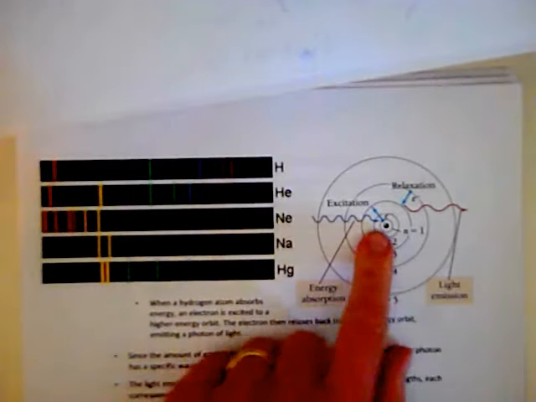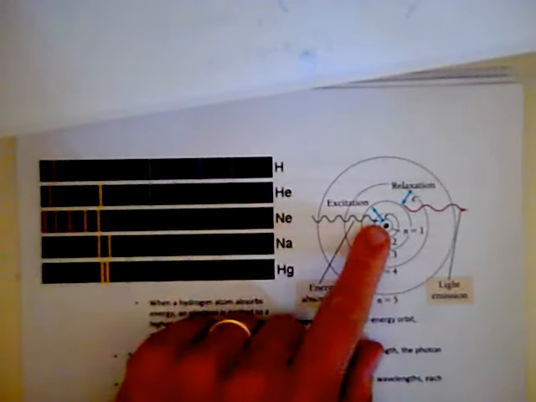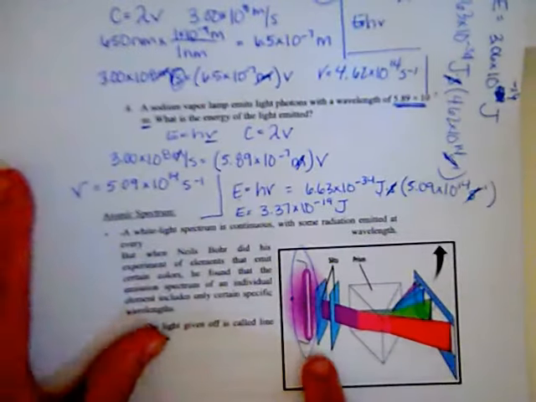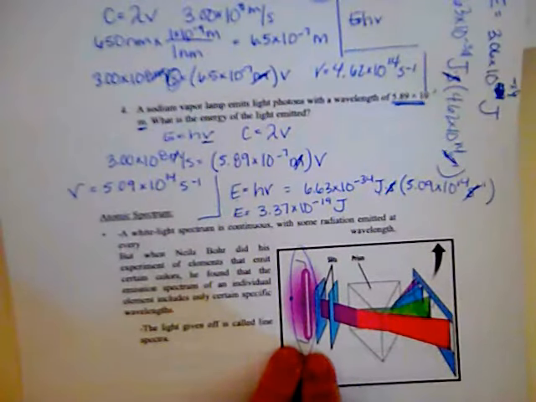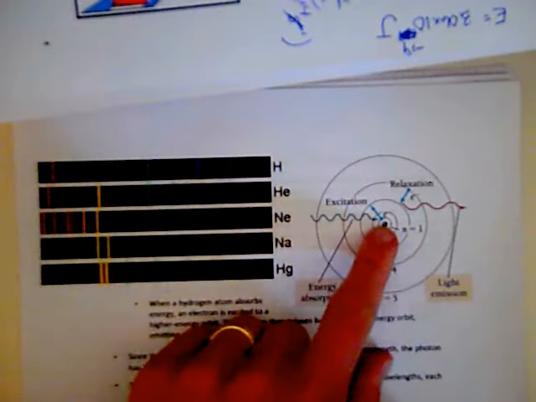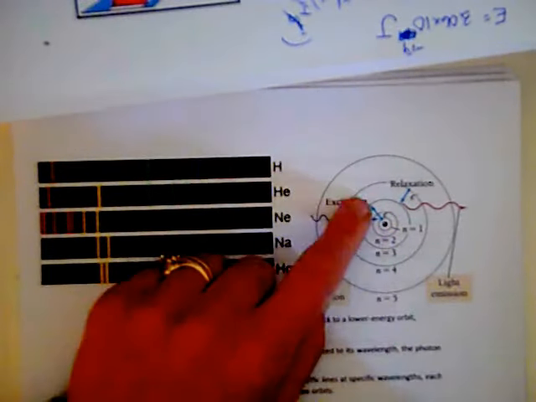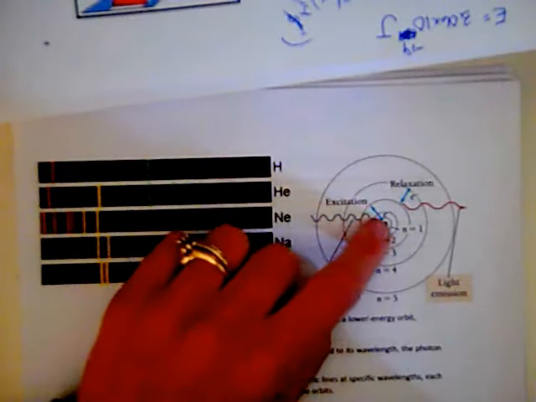So when you excite an electron, you're moving it from what's called the ground state, where it's naturally located, to a higher state. This is what Niels Bohr did with his emission tube. He excited it by adding some energy to this vapor of a certain element. And when he excited it, it moved to a certain energy level. So let's say this one, it moved from the first energy level to the third energy level. And then once that energy is no longer there to keep it at the third energy level, it'll relax back down.